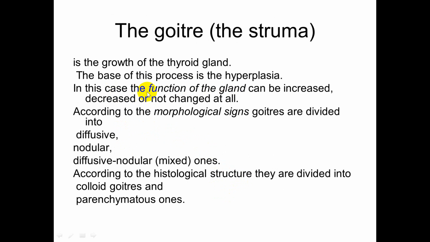In this case, the function of the gland can be increased, decreased, or not changed at all. According to morphology, goitres are divided into diffuse, nodular, and mixed diffusely nodular ones. According to their histological structure, they are divided into colloid goitres and parenchymatous ones.